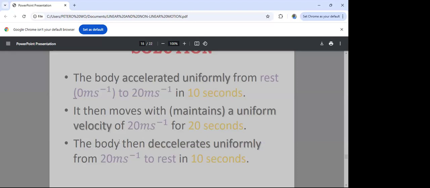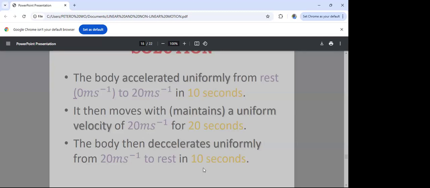Then, lastly, the body decelerates uniformly from 20 to rest, or from 20 to 0 meters per second, in 10 seconds. That is a full description of our graph that we have up there.